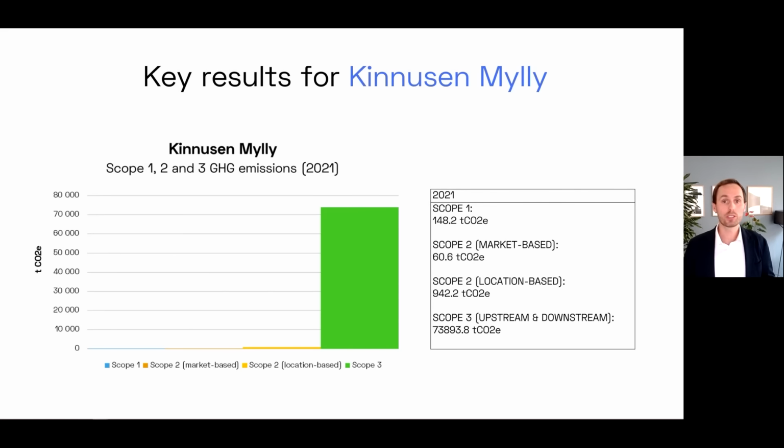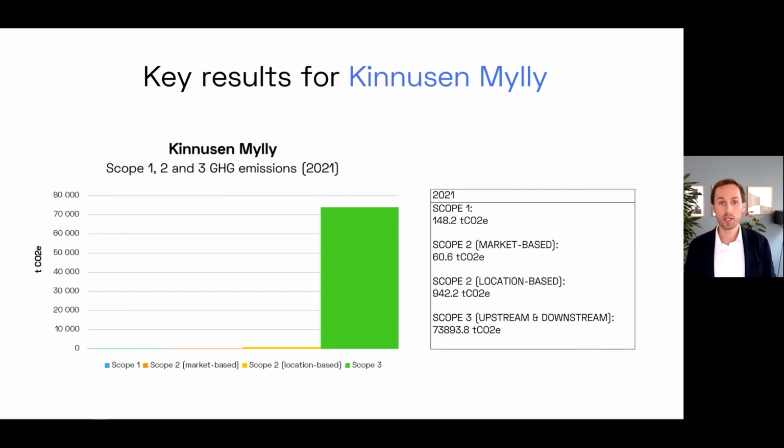If we look at the results of Kinnusen Mylly's assessment, you can see what all of this work results in. We have the greenhouse gas emissions of Kinnusen Mylly separated into scope 1, those were the direct emissions from own activities; scope 2 in both a market-based and a location-based approach; and then the value chain emissions, the scope 3 emissions.